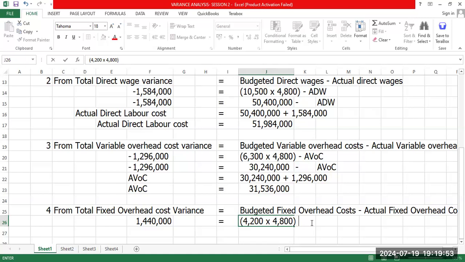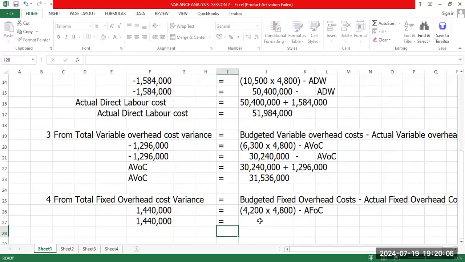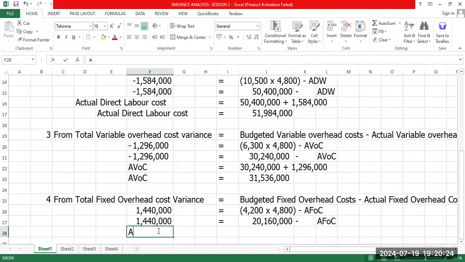Then we are going to subtract actual fixed overhead costs. How much do you get when you multiply here? 20,160,000. We subtract our actual fixed overhead cost, and finally, our actual fixed overhead cost is how much? Just tell me the figure.